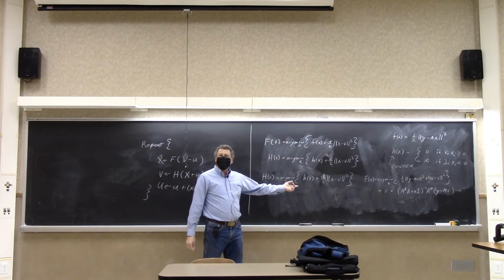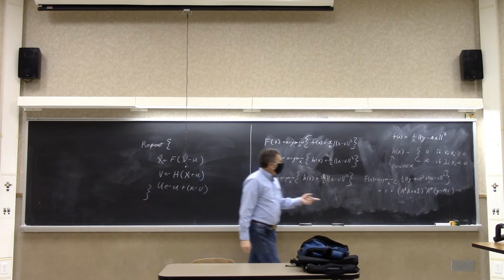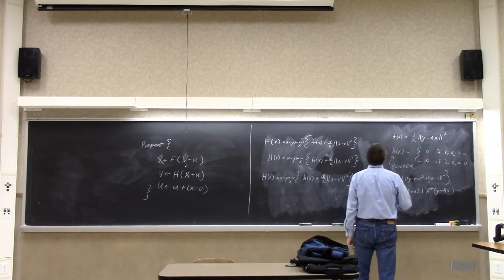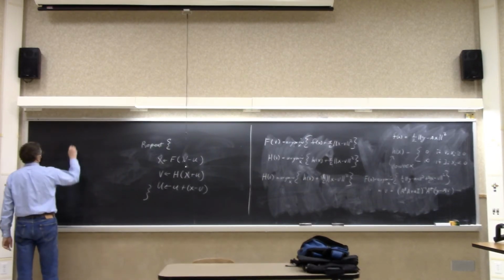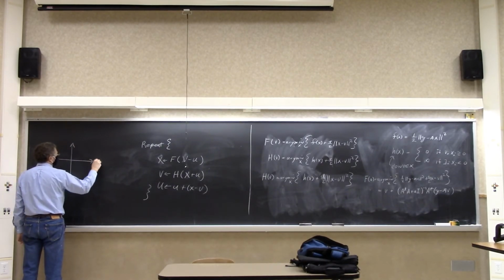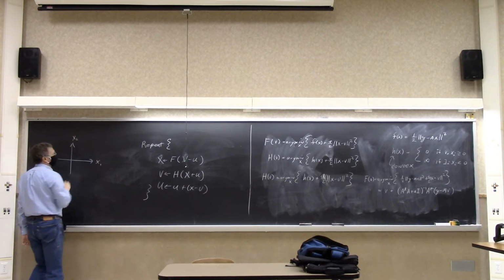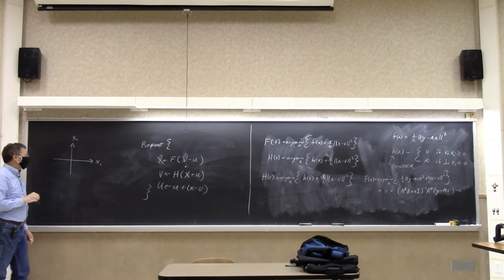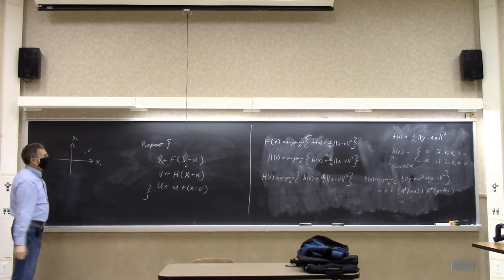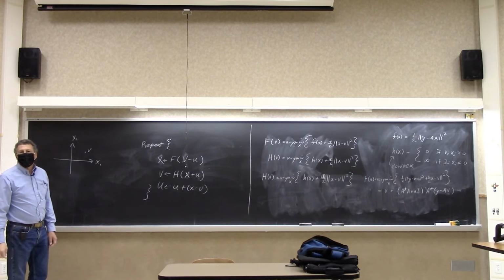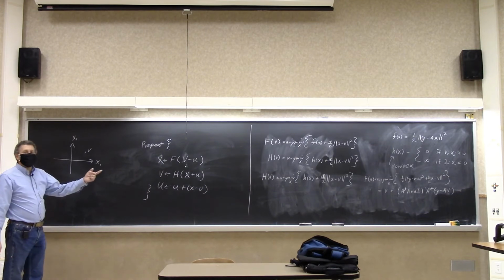What does that mean? Okay, so it's like I got a point over here. This is x1 and this is x2, okay? All right, so I pick a point. If this is V, the input, right? Then what's the solution to that optimization?